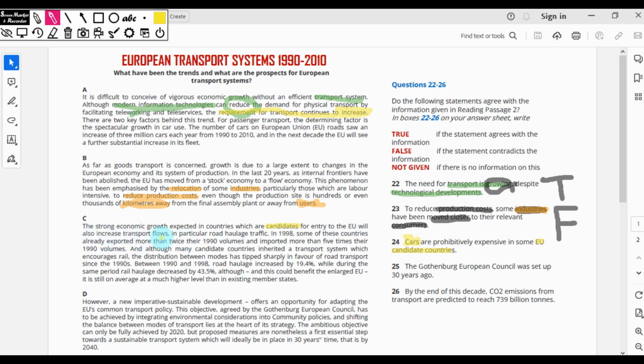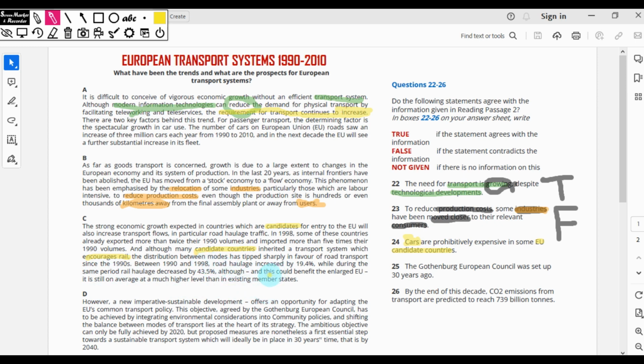Transport increases the flow, popularity rose, and countries already import price volume. Candidate countries. Here are the candidate countries. We found the keyword, and transport which encourages rail. Yes, the distribution of motives, supply and haulage.